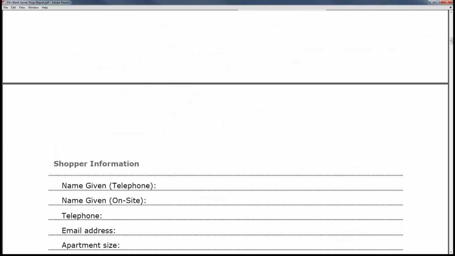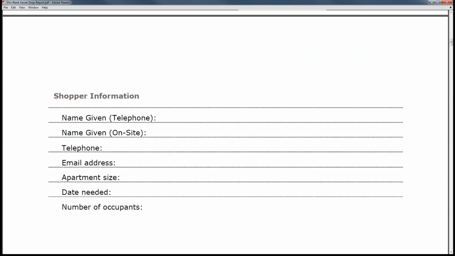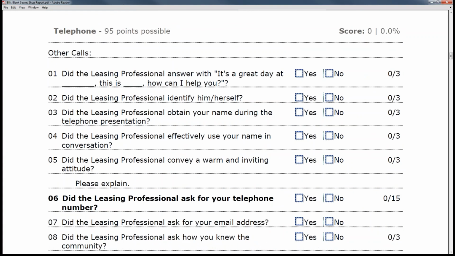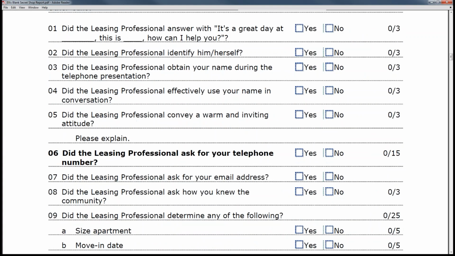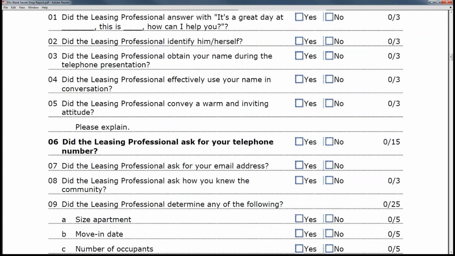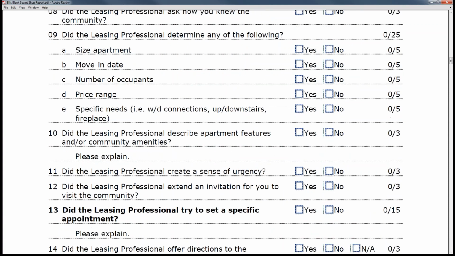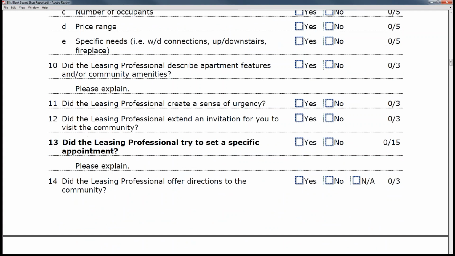The shopper talks about their feelings on things, and if they would have rented from this person, and what they went over, what they gave them, what they talked about, what their tour was about, how they answered their phone, did they ask for the phone number, were they warm and inviting, did the leasing agent identify themselves, all of this that we went over on the guest card, game time card.